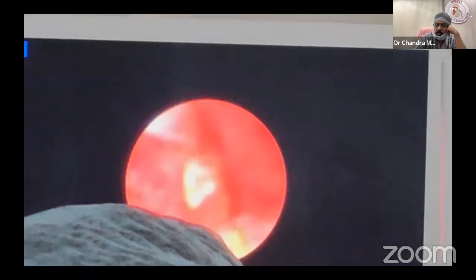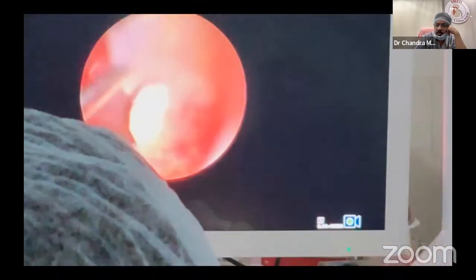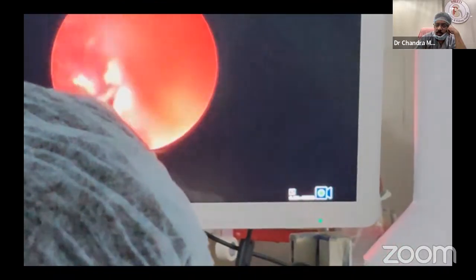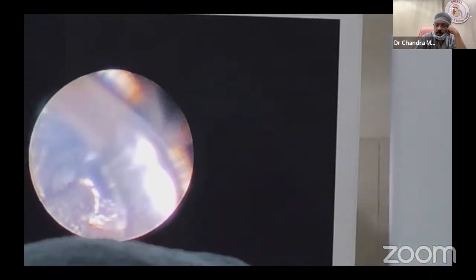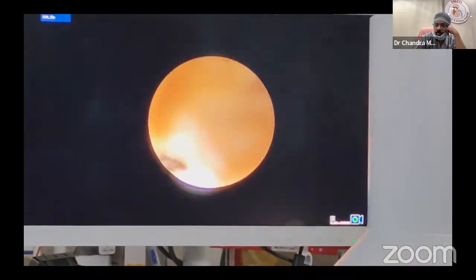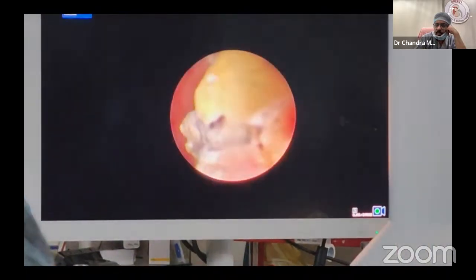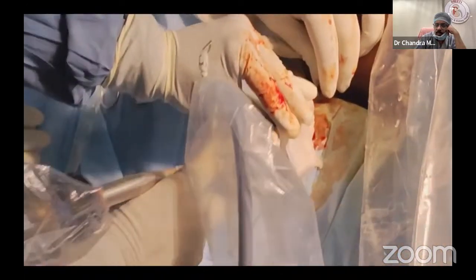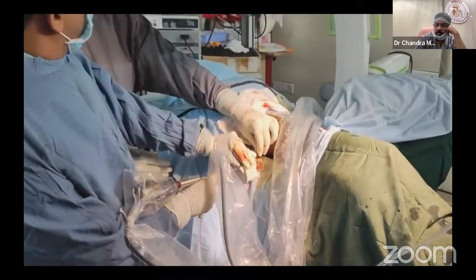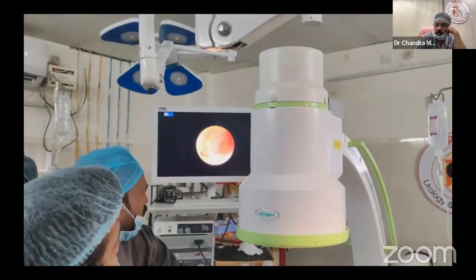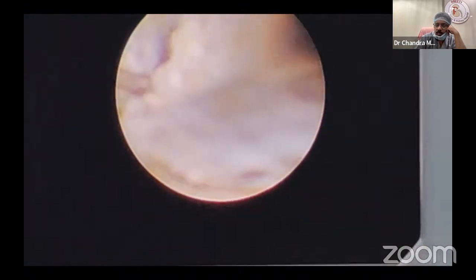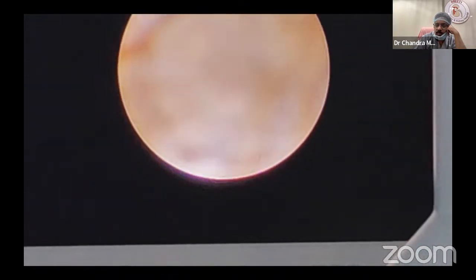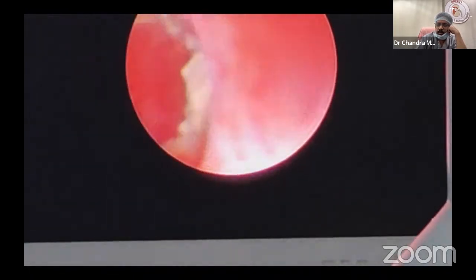See how to hold when the acute angle is there, and not to injure the mucosa. Now you have created a space.